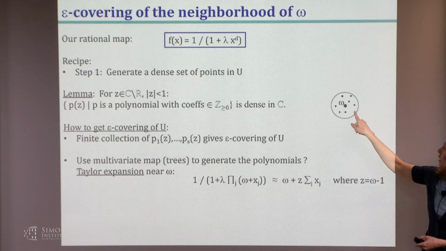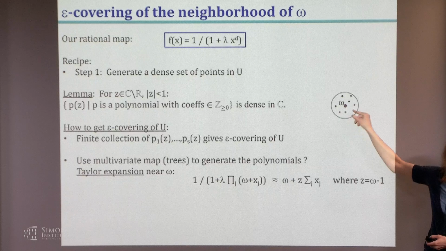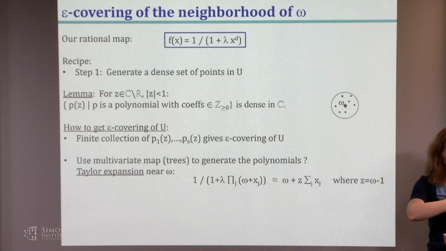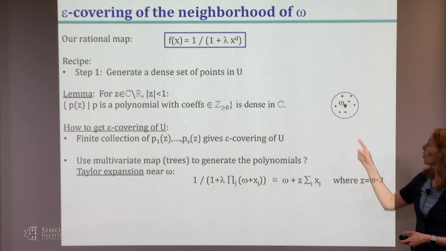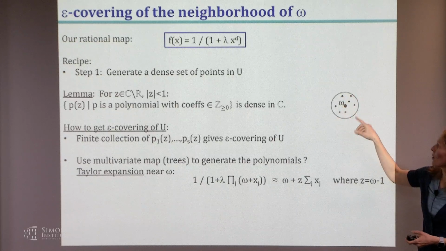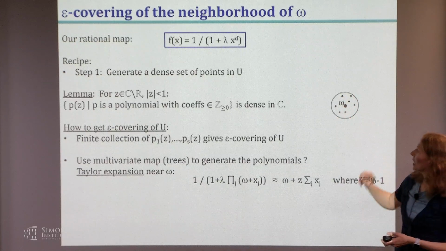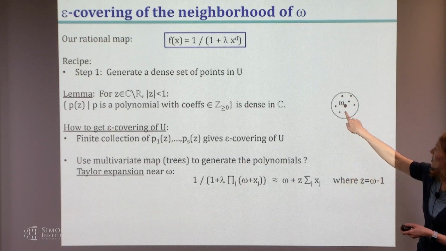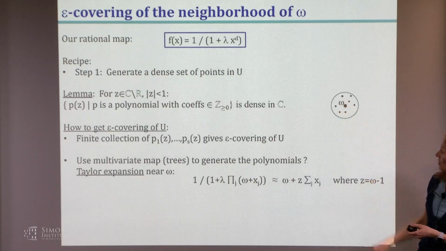Epsilon covering means that any point in the neighborhood has to have somebody within distance epsilon in the covering. And so if I have this small set, just by a packing argument, I need only a finite number of polynomials evaluated at some z to cover this.